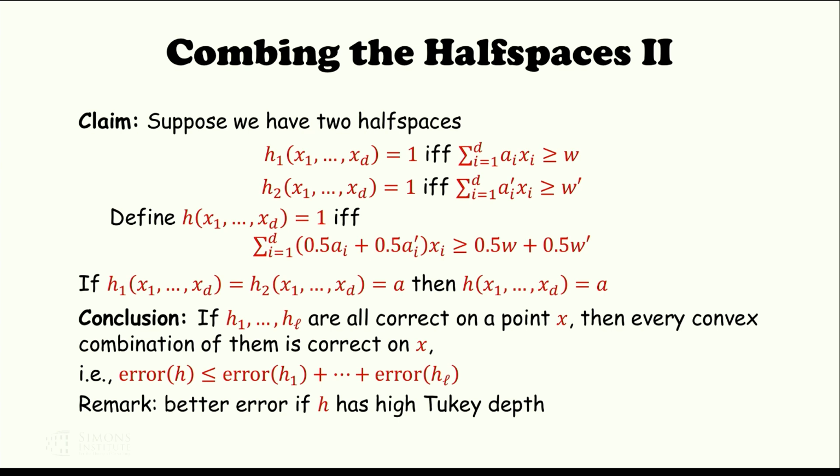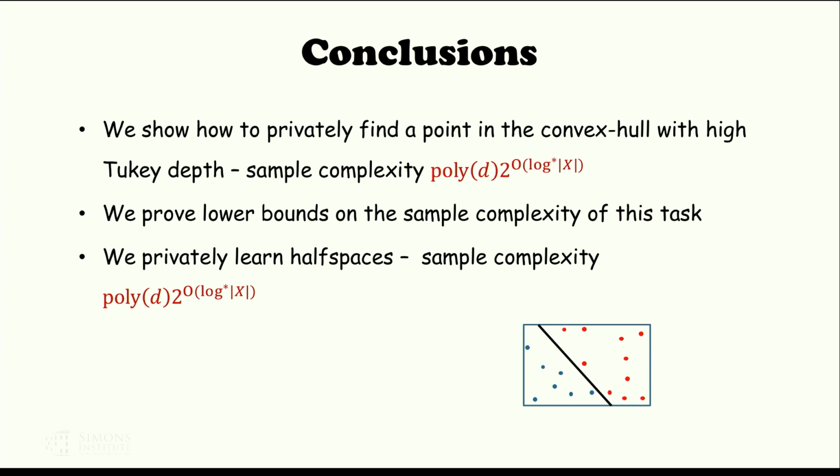And using this reduction or the improved analysis, we get an algorithm for learning with complexity d to the power of 4.5 times 2 to the log star of the size of the domain. So, conclusions: we show how to privately find a point in the convex hull with high Tukey depth. The sample complexity will be poly d times 2 to the log star of x. We prove a lower bound on the sample complexity of this task, and we use this to privately learn half spaces with the same sample complexity.